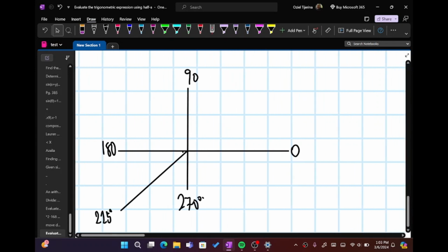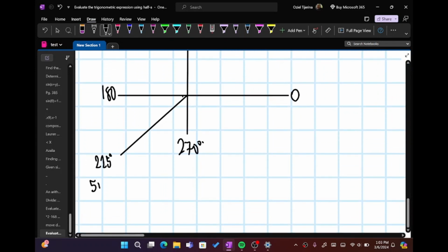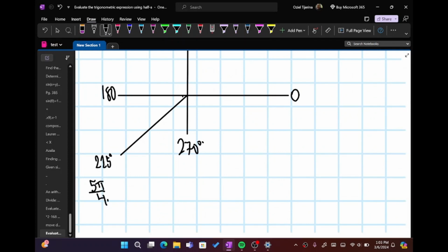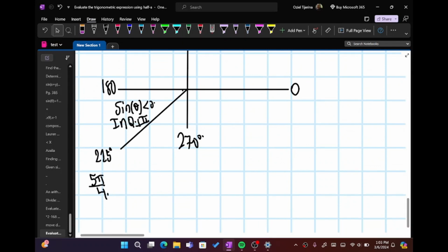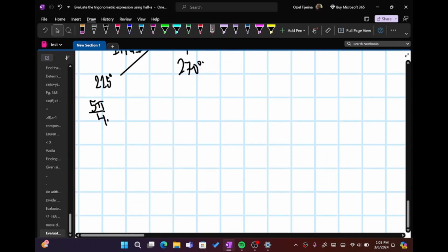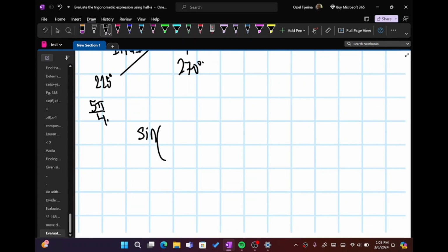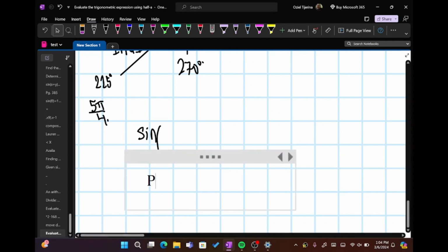In other words, this is 5 pi over 4. Now, I know that in quadrant 3, sine of theta is less than 0. Therefore, I know that sine of, hold on guys, 1 second.